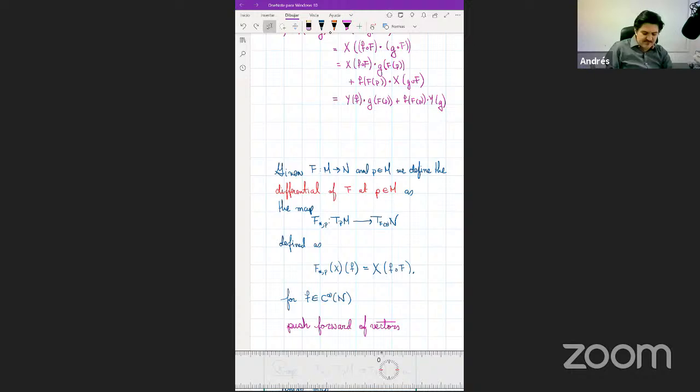And why is that? Because f could be non-injective. Okay? So Q can go here and P can go here.